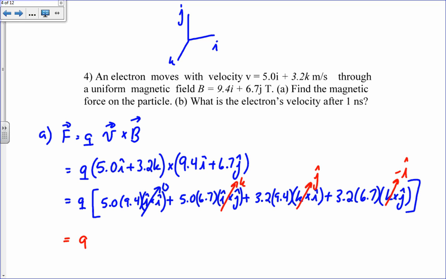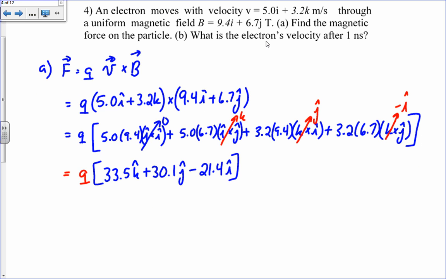So if I do this, I get F equals q times 33.5 k plus 30.1 j minus 21.4 i. Now I multiply it by q. Remember, q is an electron, so it's negative 1.6 times 10 to the minus 19.